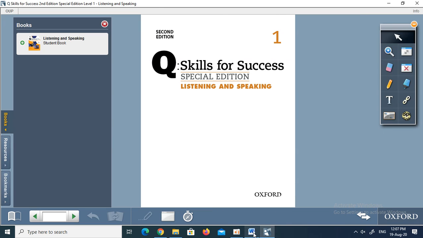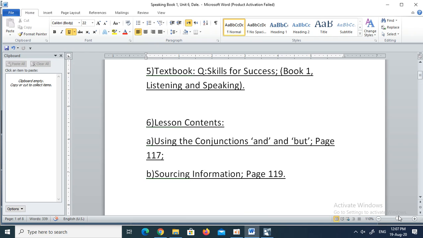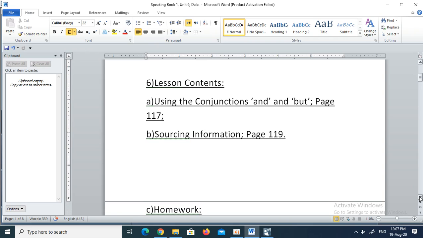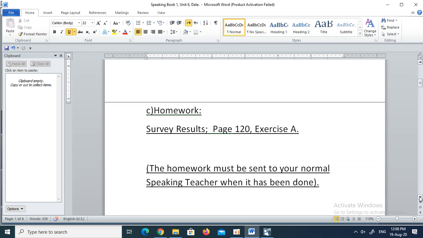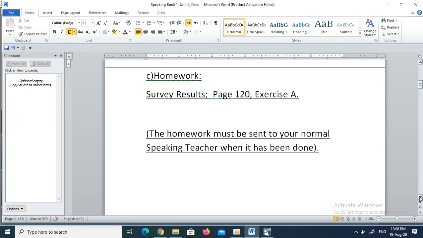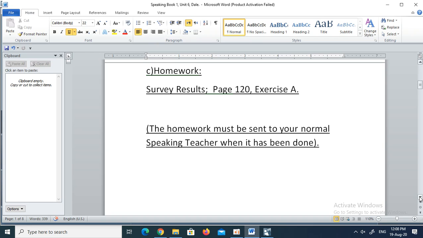Okay, I take it you all now have the book and you can follow me in the book. All right, our lesson contents for today is using the conjunctions and and but, and that is on page 117, and then sourcing information on page 119, and our homework, which I will discuss in detail later, is to complete a survey on page 120.